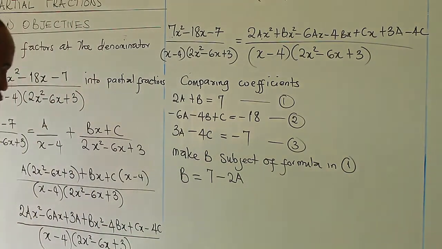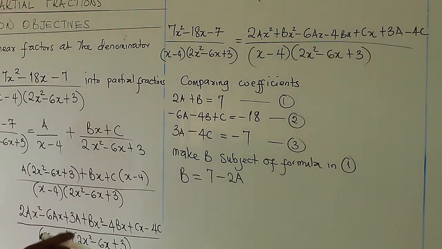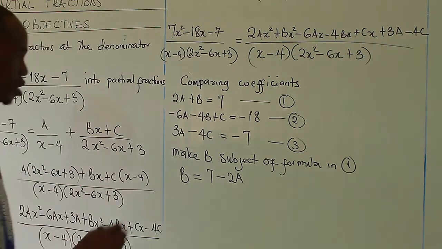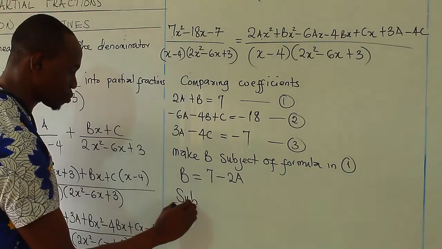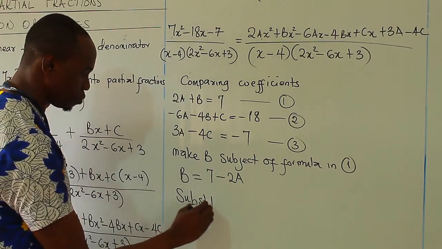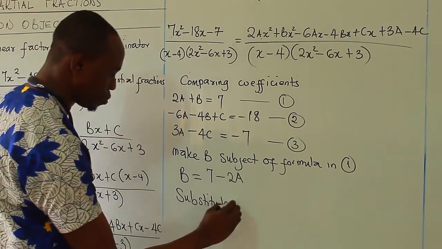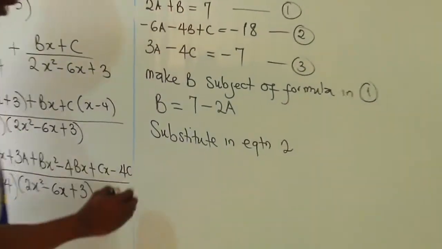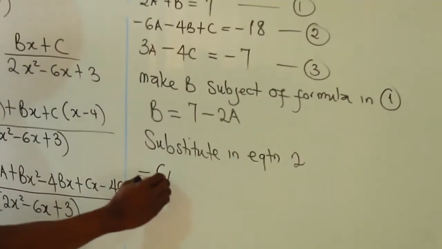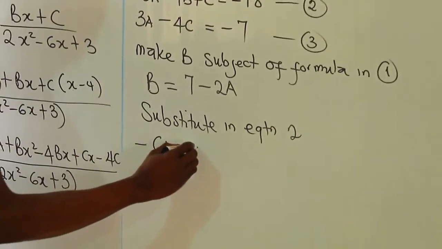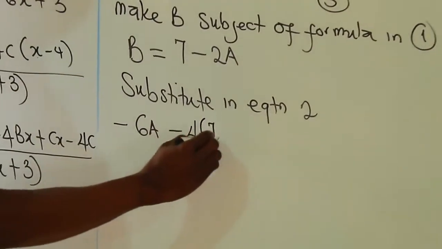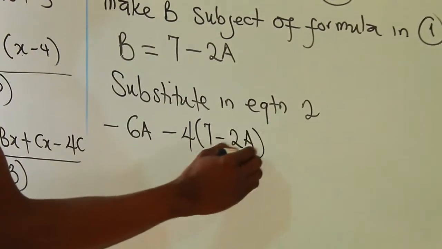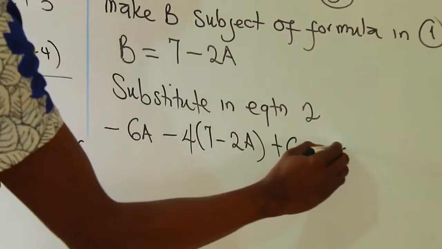I will substitute 7 minus 2a in equation 2. And I'll have it as minus 6a minus 4 times 7 minus 2a plus c is equal to minus 18.